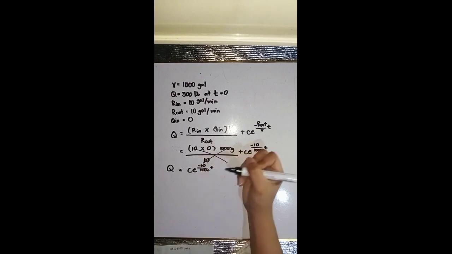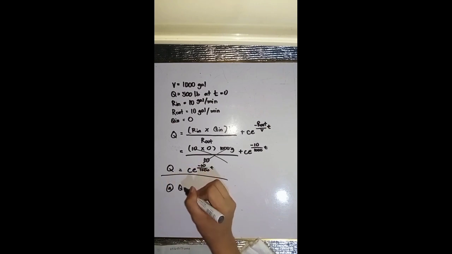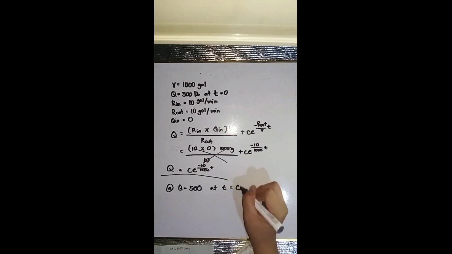Now that we have the equation for Q, we can solve for C using Q equals 500 pounds at time equals 0.